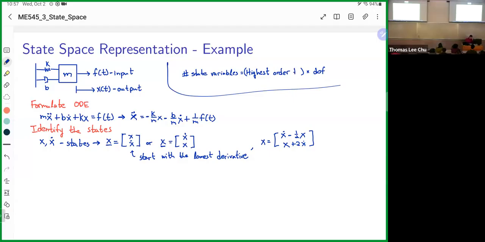Actually, yeah, I think it is the highest order derivative, times degrees of freedom. Stick with that for now. Let me check that.